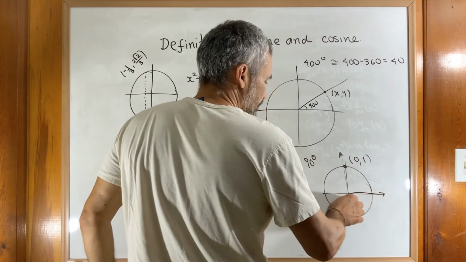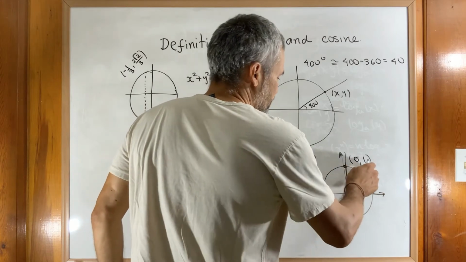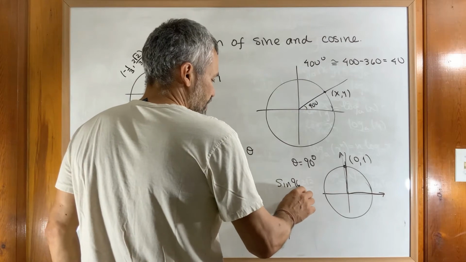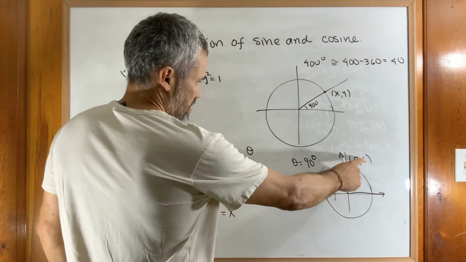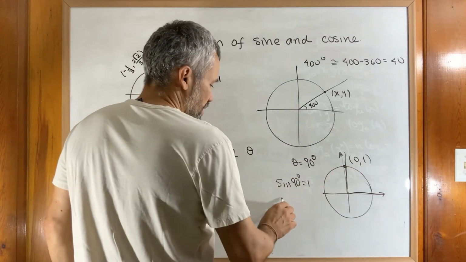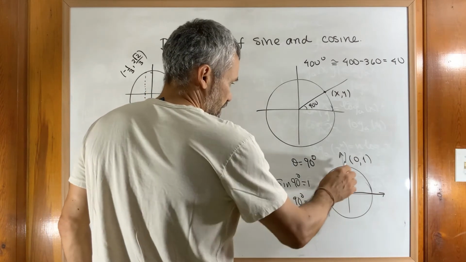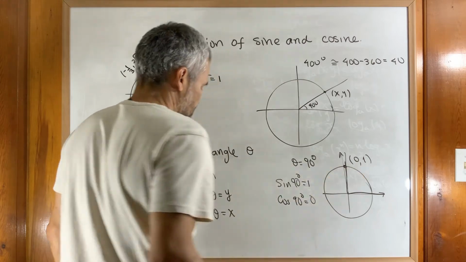Remember, this is the starting ray, final ray, and we have 0,1. Then that means that sine of 90 degrees is, the y is 1, and cosine of 90 degrees is the x, which is 0.